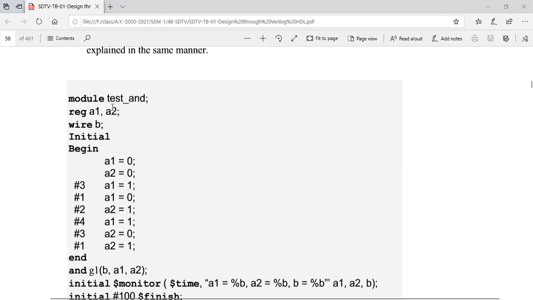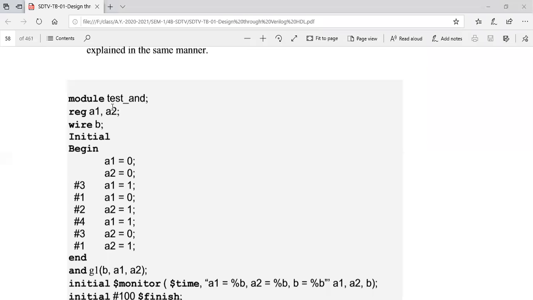We can directly assign the values to them and we can read from them, but we can't connect a register to an output. If a module is producing some output, I can't connect that output to a register.